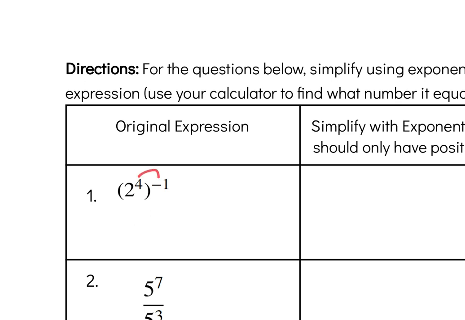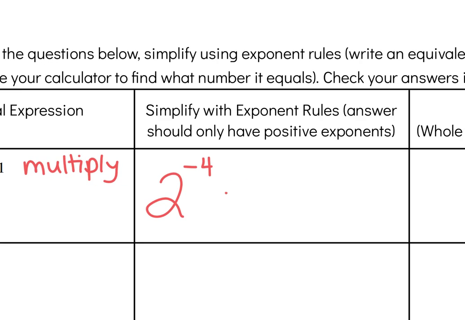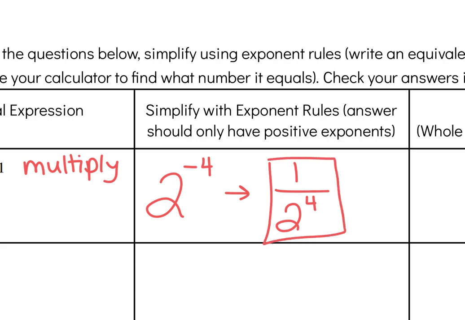My rule would be to multiply. So 4 times -1 is -4. But now I have a negative exponent, so I need to flip this. So this is going to become 1 over 2 to the +4. So this is what I would type in on the Google Sheet.